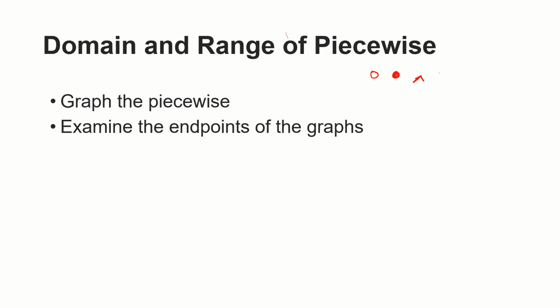If there is a shaded circle, then the value is included in the domain or included in the range. And if we have an arrowhead as an endpoint, we know that our value is moving towards the positive or the negative infinity of x and y.